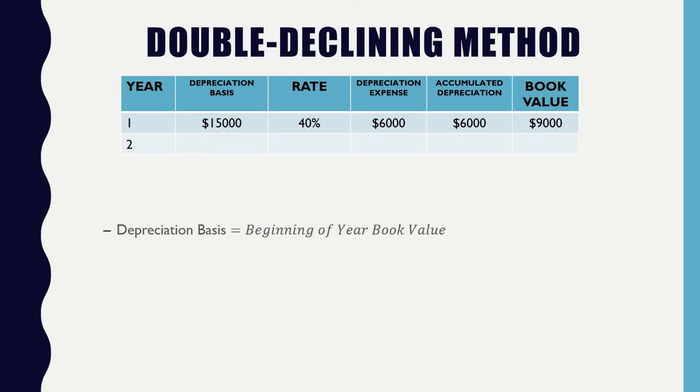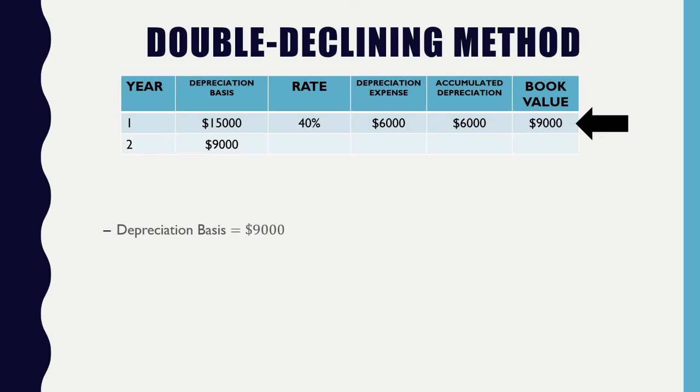So if my ending for my first year is my 9,000, then that automatically becomes my book value for year 2, or my depreciation basis for year 2. Okay? So now here's a trend that we're looking at. We're noticing that the depreciation basis is going to be changing every year based on the calculations that you've calculated for your book value.